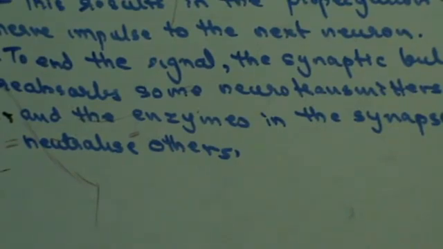Right? So, do we understand how a chemical synapse sends a signal from one axon to the other dendrite?